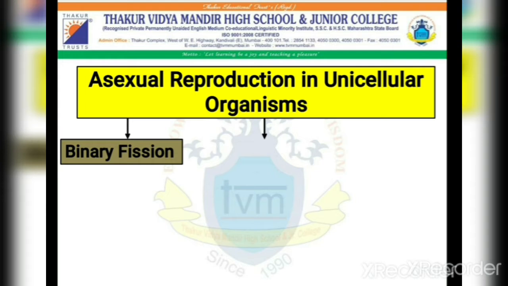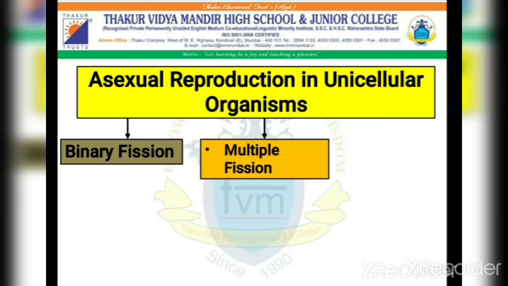The second one is called multiple fission, and the third one is called budding. That means in a unicellular organism, a new organism can be formed by any one of these three processes, that is, either by binary fission or multiple fission or by budding.